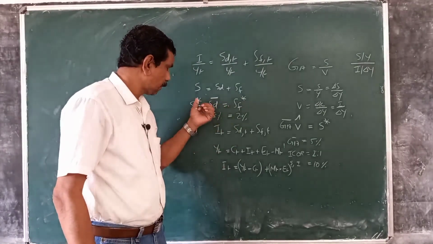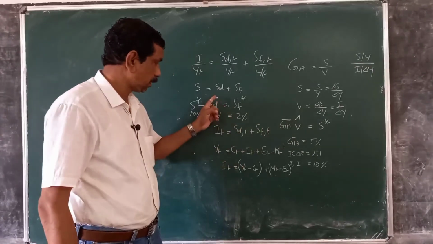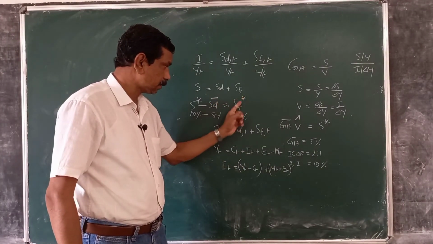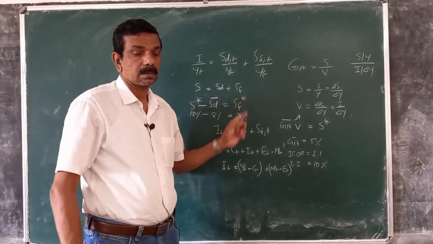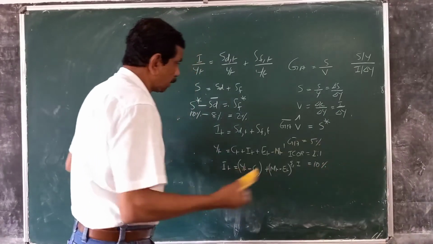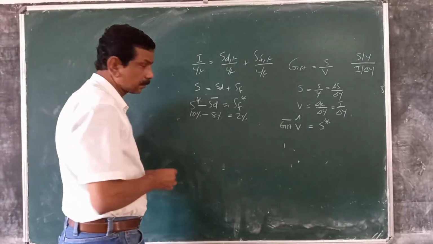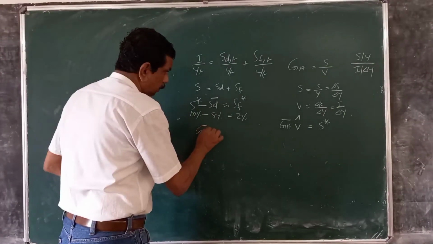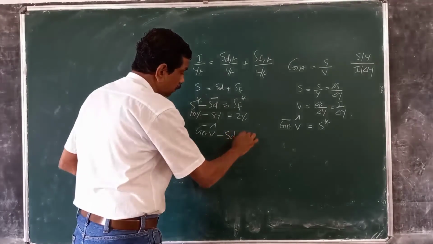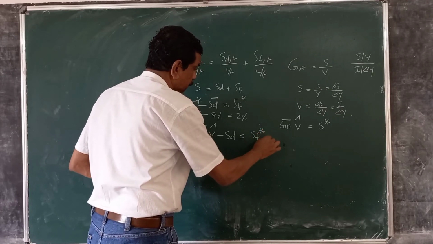That is, S star is the saving or investment requirement, SD bar is maximum domestic savings, and the difference is SF star, the foreign savings required. And we can write this equation also as GA bar into V hat minus SD bar is equal to SF star.